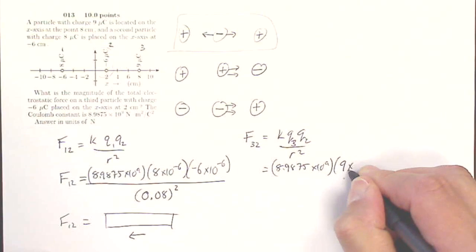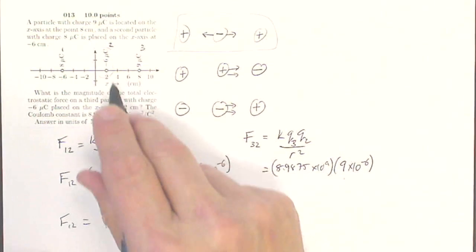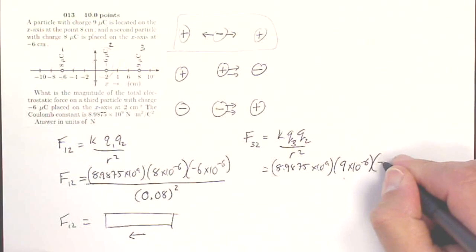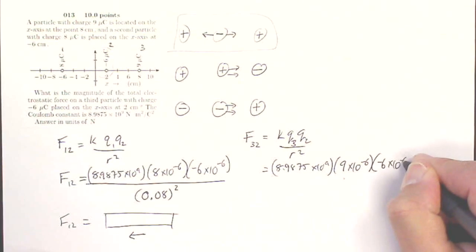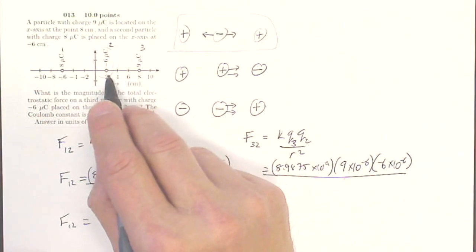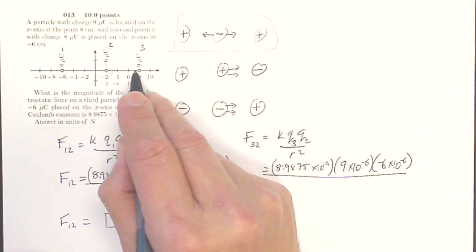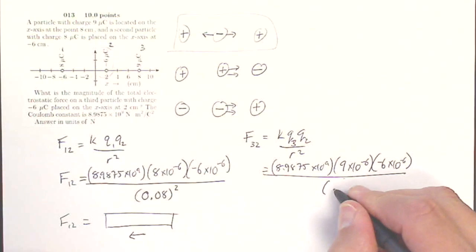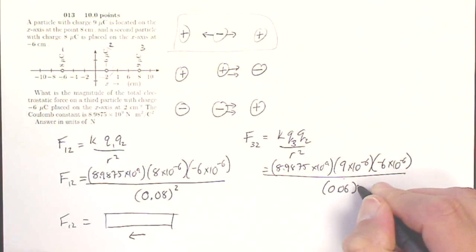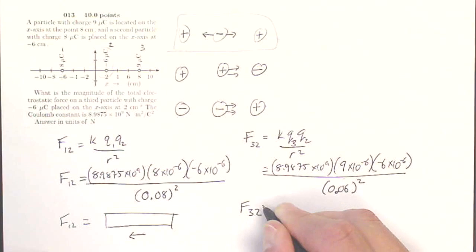So that's 9 times 10 to the minus 6th coulombs. Q2 is negative 6 microcoulombs. So that's negative 6 times 10 to the minus 6th coulombs. Divided by R squared. Well, what's R for these two? From 2 to 8 I've got 6 centimeters between them, so that's 0.06 squared. Don't forget the squared. So that is going to give me the force between 3 and 2.